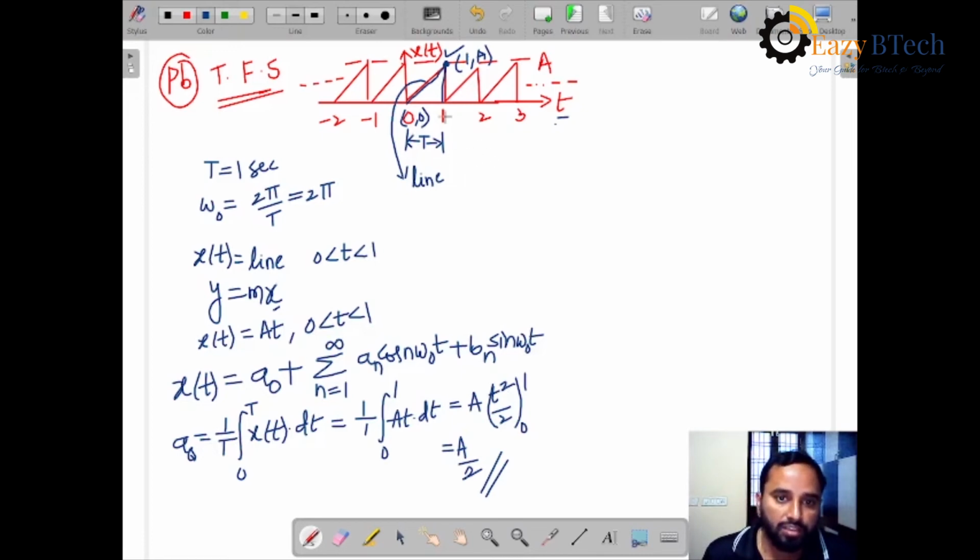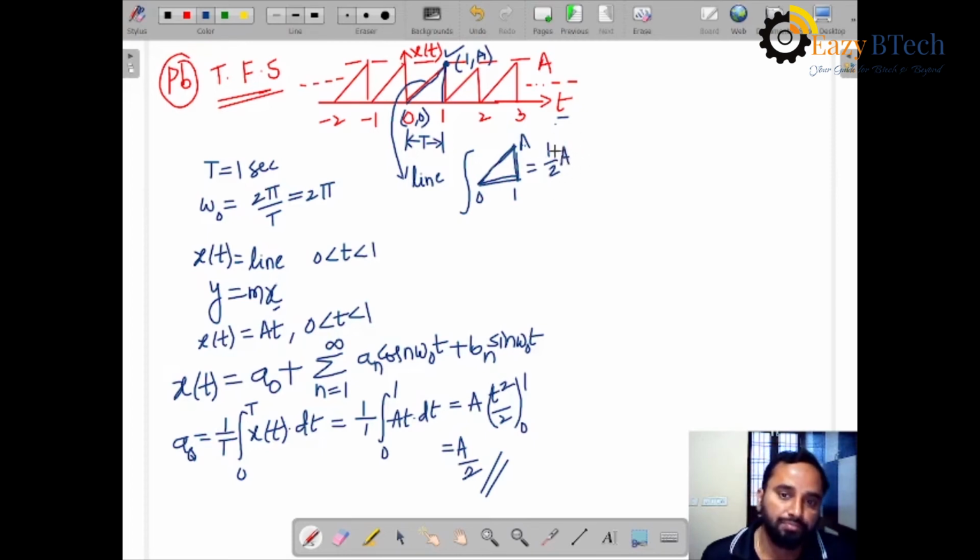Here, from 0 to 1 we have a triangle shape, and its amplitude is a. So what is the area? Area of a triangle is half base times height. The base is 1, the height is a, so 1 into a.